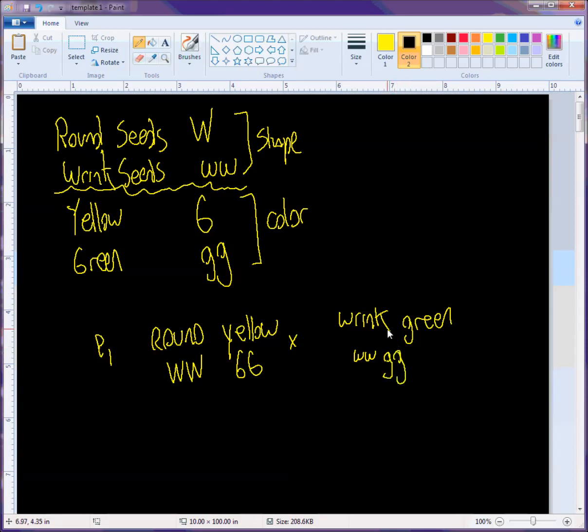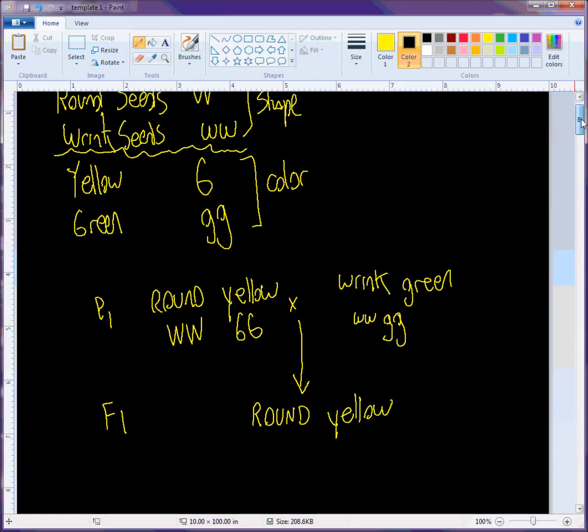This is a true breeding plant also, so if we cross this wrinkled green plant to another wrinkled green plant, all the offspring would be wrinkled and green. So the question tells us that in the F1 generation all the plants were round and yellow.